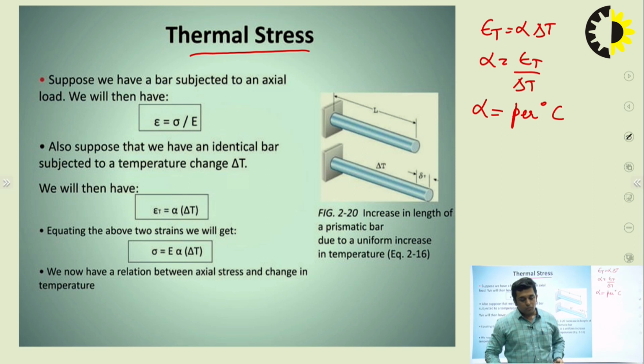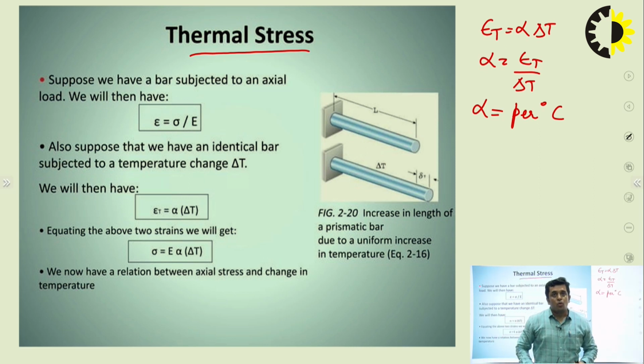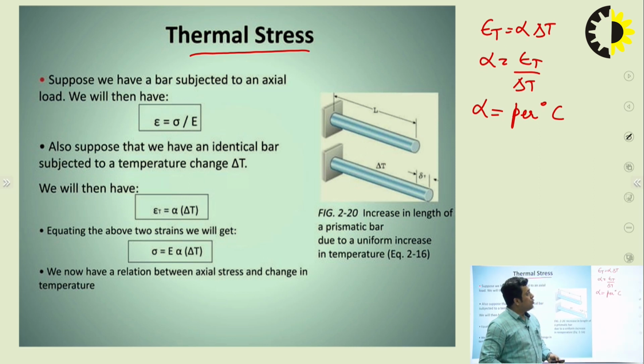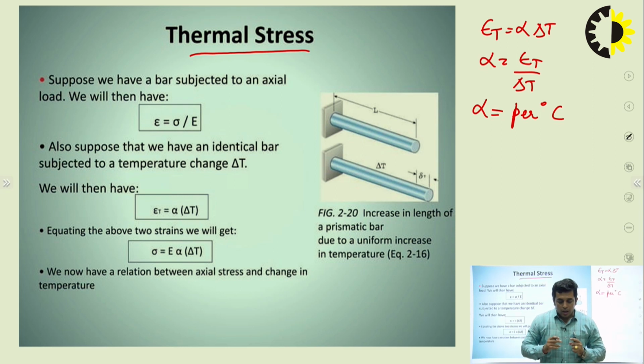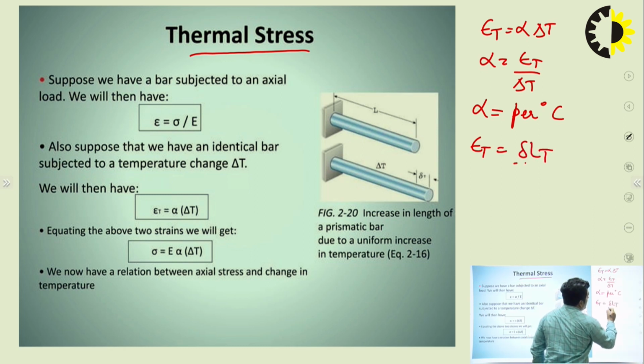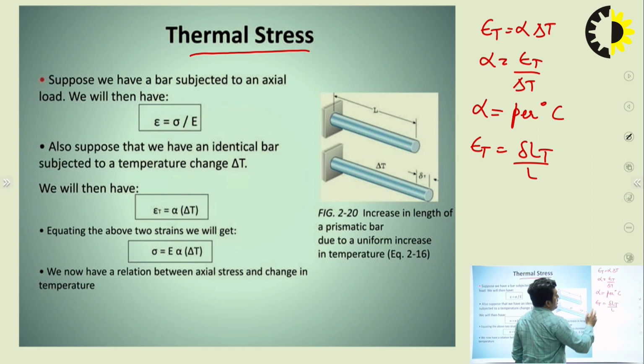Now, we know epsilon T is equal to alpha delta T, and in the beginning we know epsilon T is the change in length due to temperature upon original length. If I replace the value here, what am I going to get?